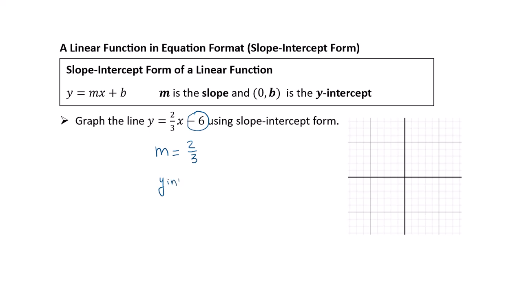Your y-intercept is (0, -6). And then we can use that information to graph (0, -6), and a slope of 2/3, up 2 and right 3. And there we have a nice graph of that line with slope 2/3 going through -6 on the y-axis.